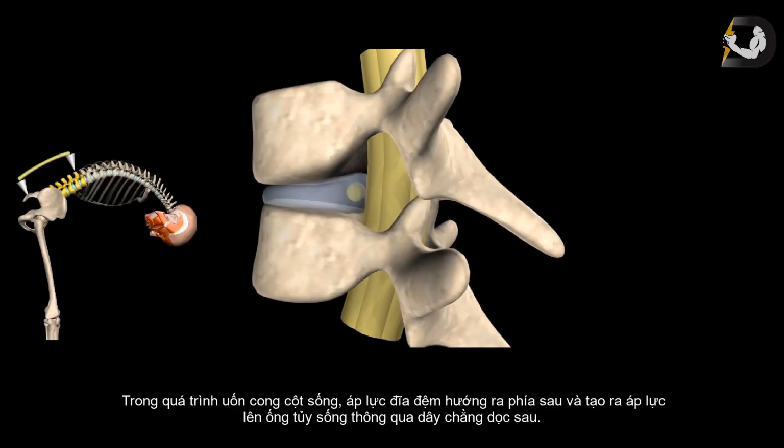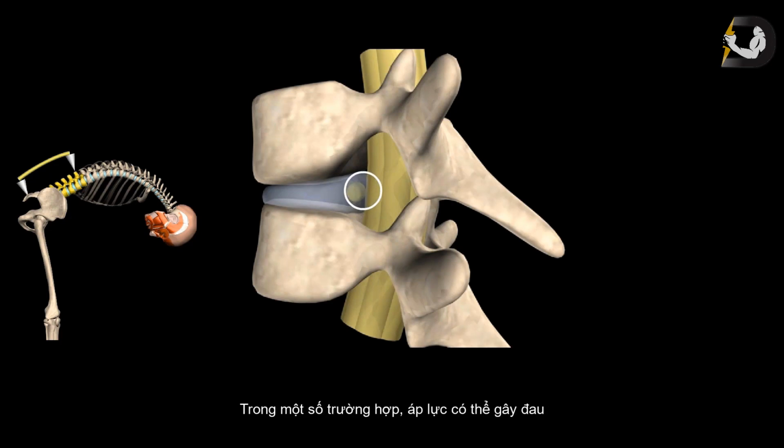During spinal flexion, disc pressure is directed to the posterior and creates pressure on the dura in the spinal canal through the posterior longitudinal ligament. In certain cases, this pressure may cause pain.